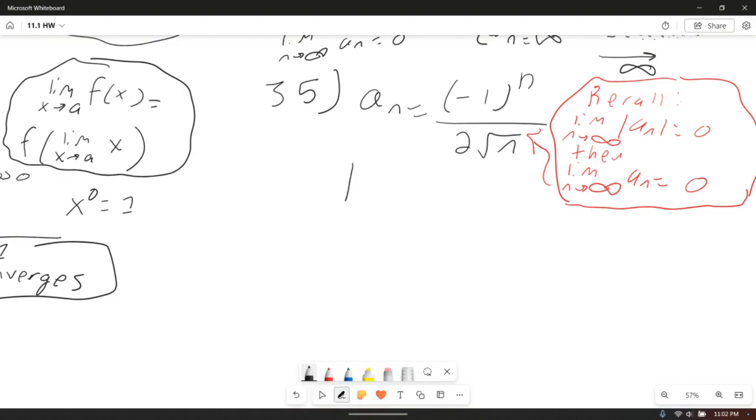The absolute value of a sub n: the absolute value of -1 is just 1. The absolute value of 2 square root of n is just 2 square root of n, since the sequence is defined as having inputs where every input is a positive integer.